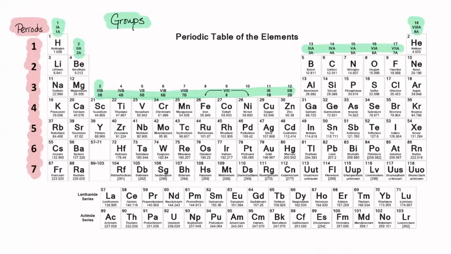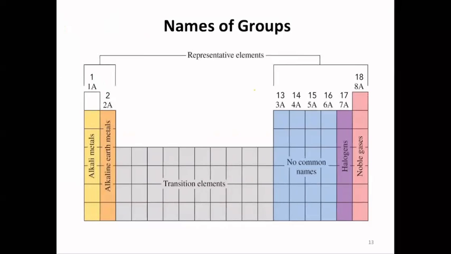Now, a couple more things when it comes to the groups. Some of the groups actually have a common name. Group 1A is known as the alkali metals. Group 2A is known as the alkaline earth metals.